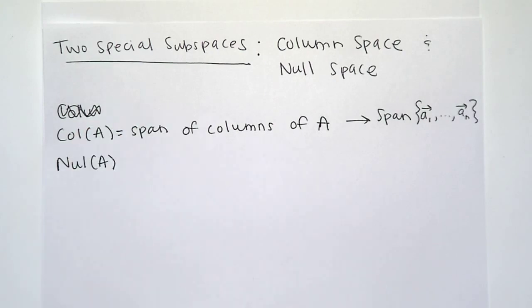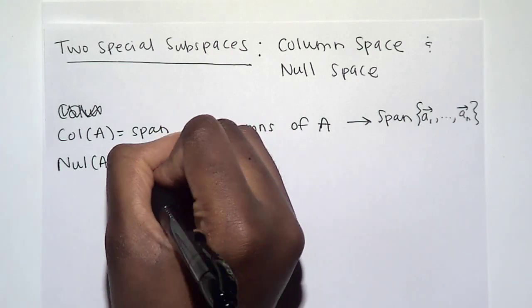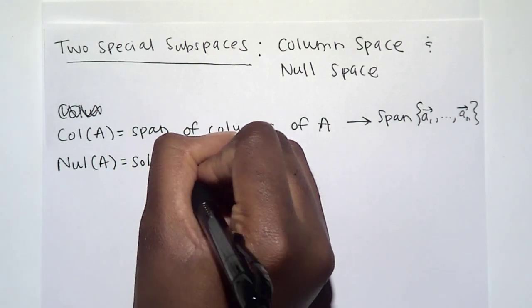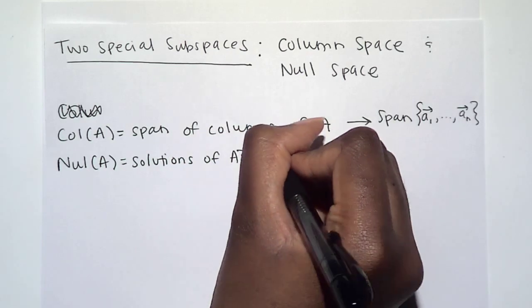NUL of A, known as the null space, well, this is just all of the solutions of the homogeneous system. So all the solutions of AX equals the zero vector.